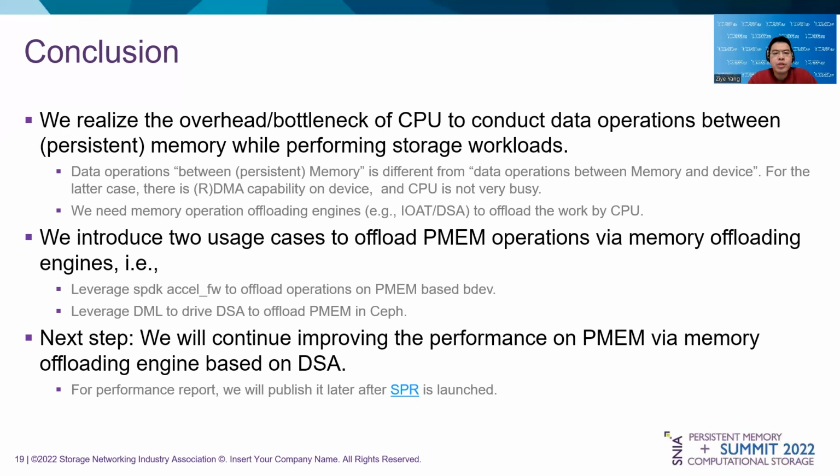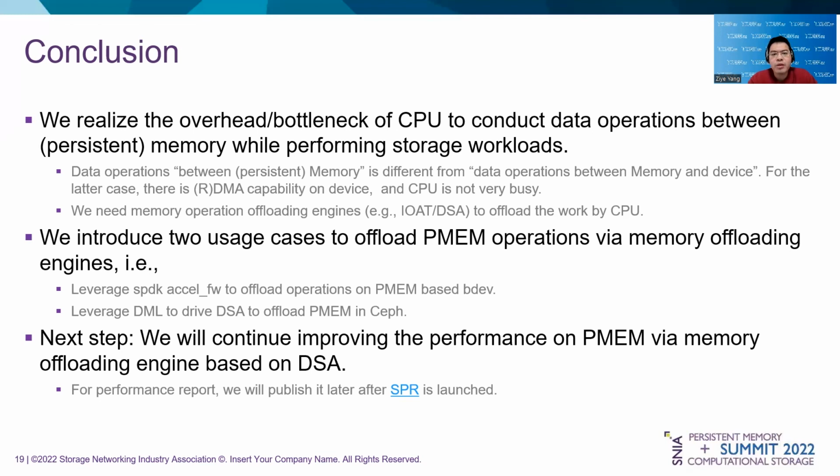We introduce two use cases to offload persistent memory operations through those hardware-based memory offloading engines. For example, we leverage the SPDK acceleration framework to offload operations on persistent memory, and we implement a new persistent memory-based bdev in SPDK, which utilizes the underlying hardware-based memory offloading devices.